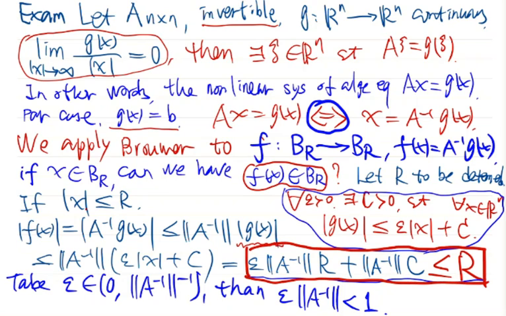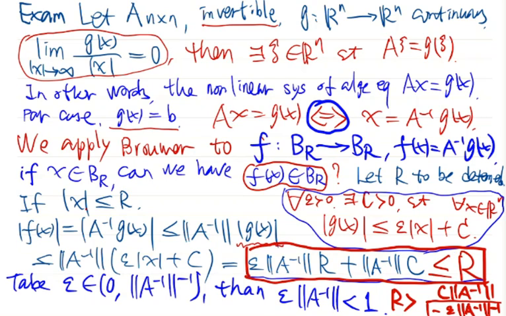So you can solve this inequality to see that if R is greater than some number, say the norm of A inverse times c divided by 1 minus epsilon times the norm of A inverse, if R is so large, then the final inequality is true, and our proof is complete.